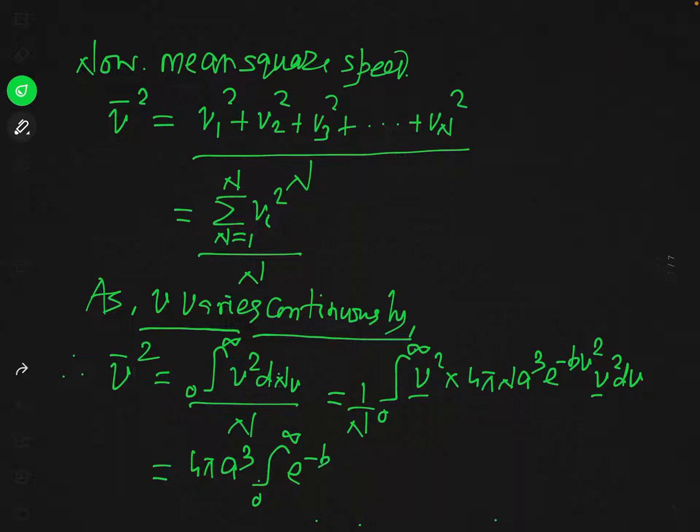So this is e raised to the power minus bv square, v raised to the power 4 dv. Now you can see again this is a Gaussian integral, and here instead of x to the power 2n we have v raised to the power 4. So in this case n is equal to 2. Again we will apply the same formula which we have just used, so using that formula you can find the value of this integral.